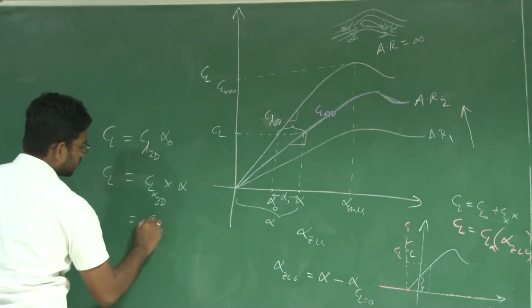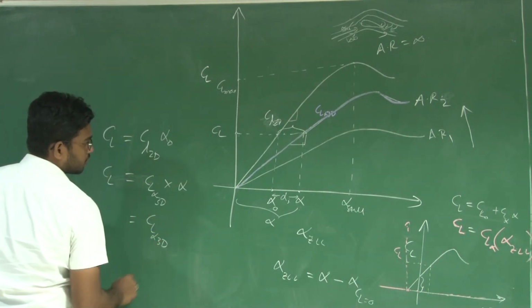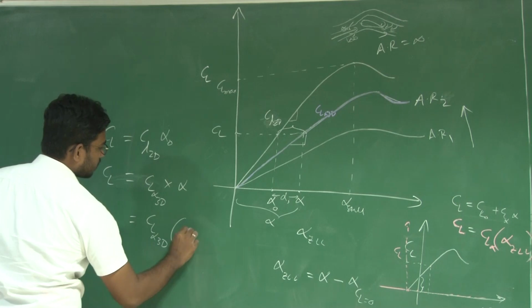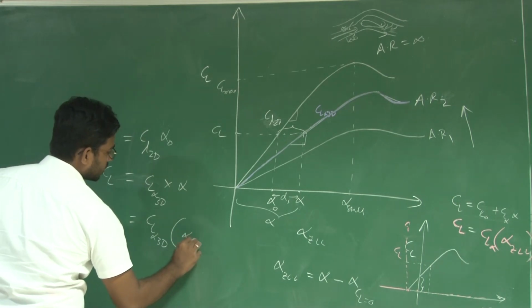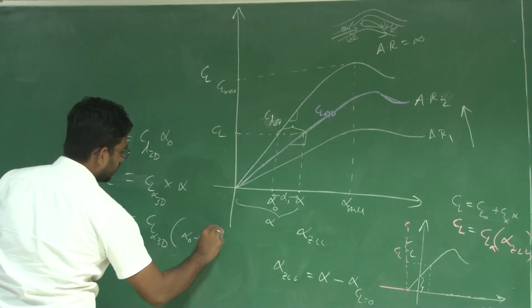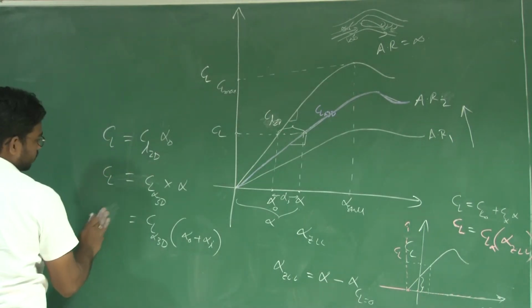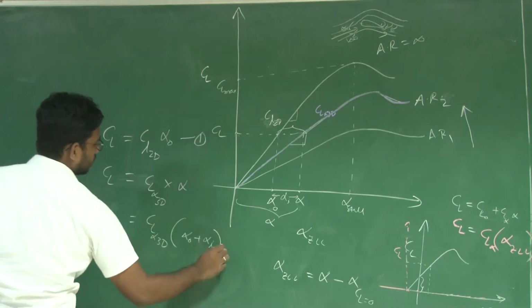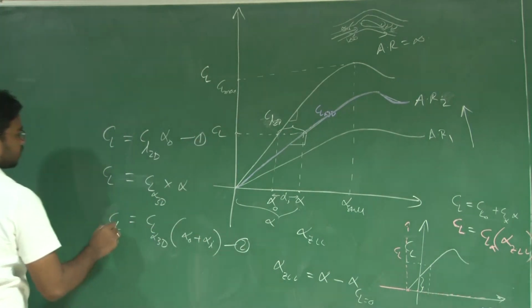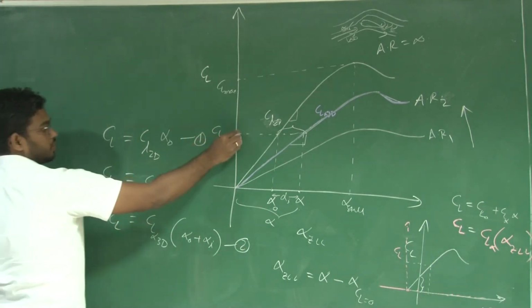So CL alpha 3D is equal to alpha naught plus alpha I. So equating equation 1 and 2, because both are representing the same value of CL.